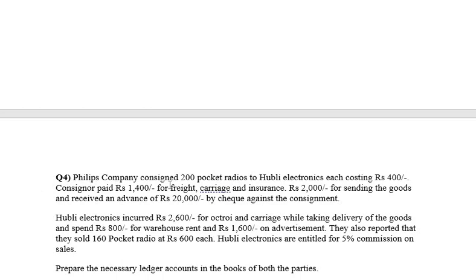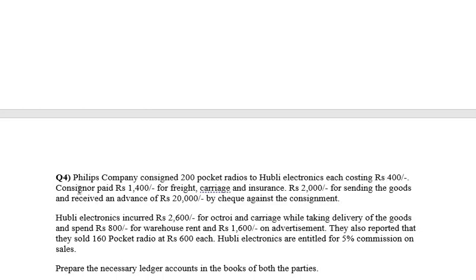Philips company is the consignor and Hubli Electronics is the consignee, because Philips company consigned, it means they have sent the goods, 200 pocket radios to Hubli Electronics, at which each radio was costing rupees 400.